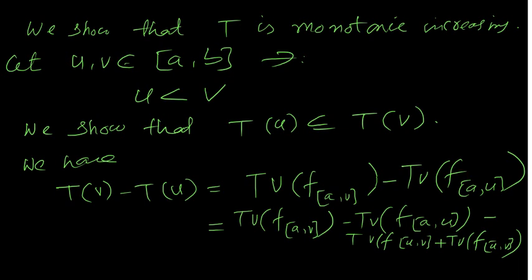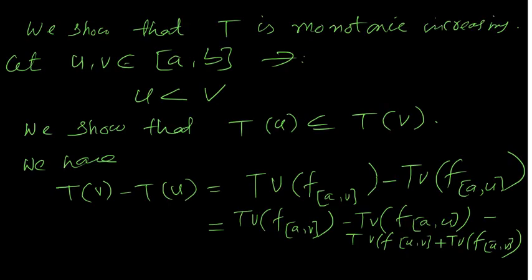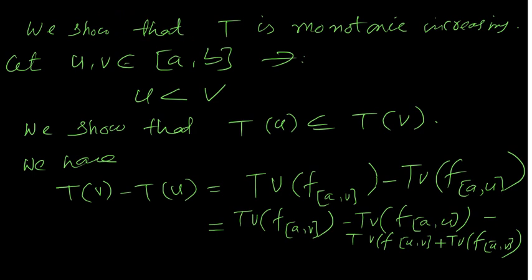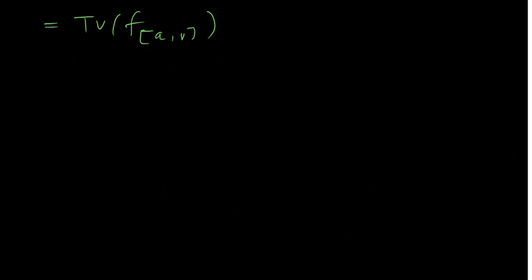And this is equal to the total variation of f over the interval a to v. Then I will write here minus plus the total variation of u to v, plus the last term, the total variation of f over the interval u to v.